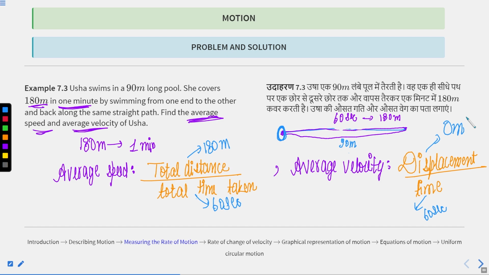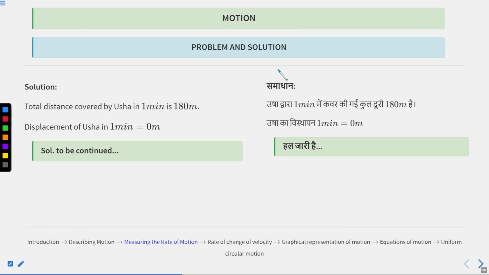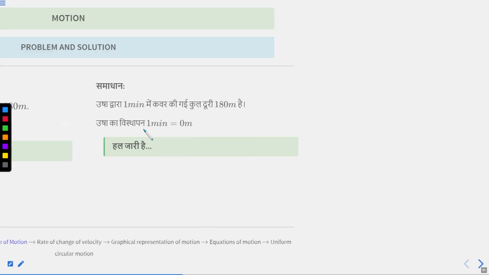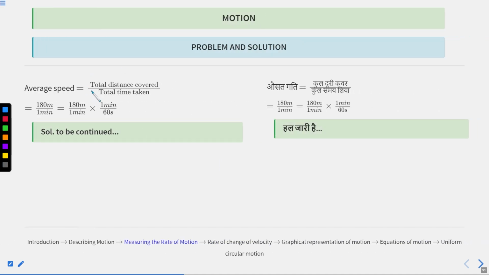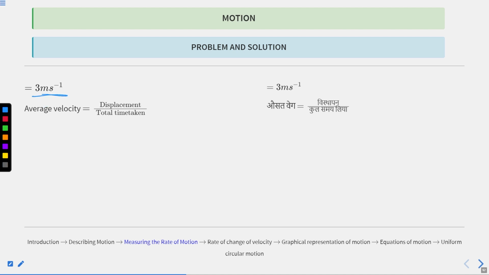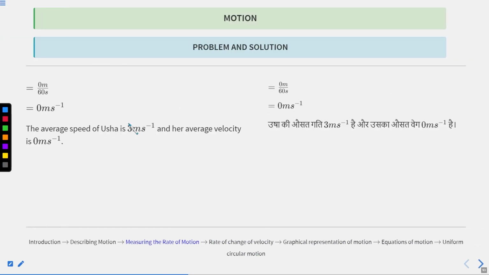Let's see the detailed solution. Total distance covered by Usha in 1 minute is 180 meter, but the total displacement of Usha is 0 meter. You have to calculate average speed. So average speed is 180 divided by 60, which is 3 meter per second. Average velocity is total displacement divided by total time taken, and total displacement is 0.